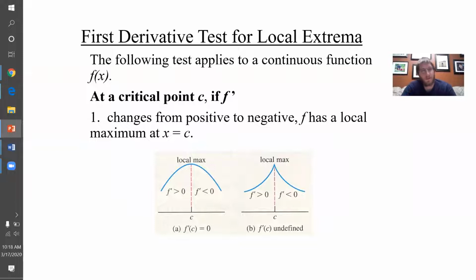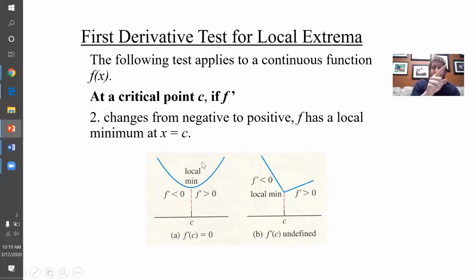So if we want to identify a critical point as either a max or a min, we have to see the behavior around the critical point. So we want to determine, is it changing from positive to negative or negative to positive? You'll see here that both with the derivative being equal to 0 and undefined, if it changes from positive to negative, you'll see that it's going to be a local max.